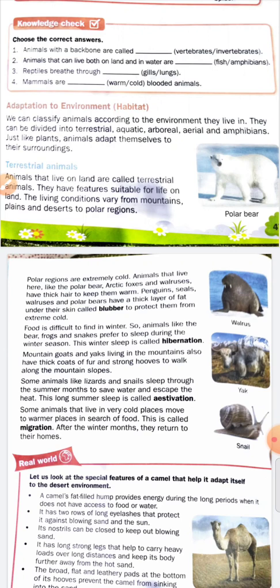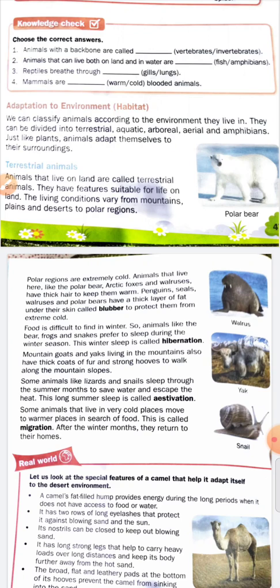And you know student, food is difficult to find in winter. So animals like bear, frogs, snake prefer to sleep during the winter season. This winter sleep is called hibernation. You can underline this point.